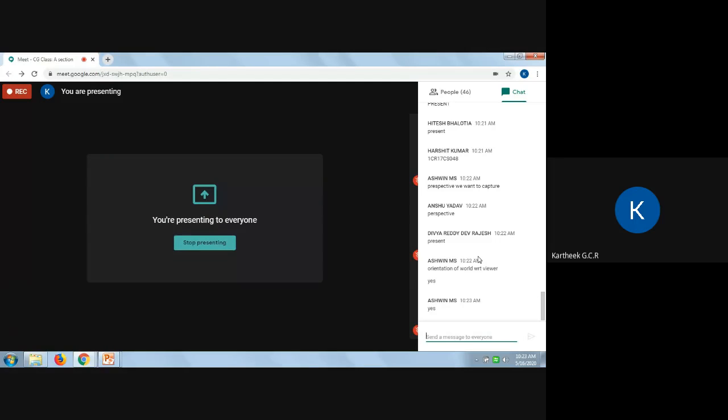That is very important. Now, what is the function that we use in OpenGL to specify a camera position, or to keep a camera in the scene, or to have a viewer in the scene?